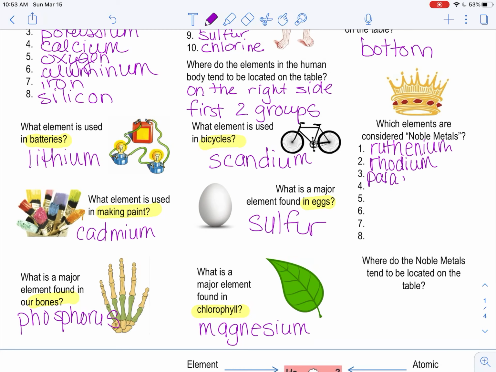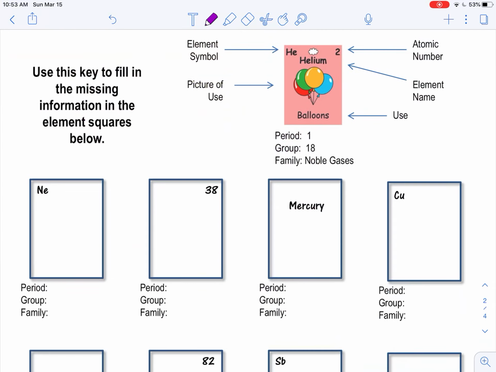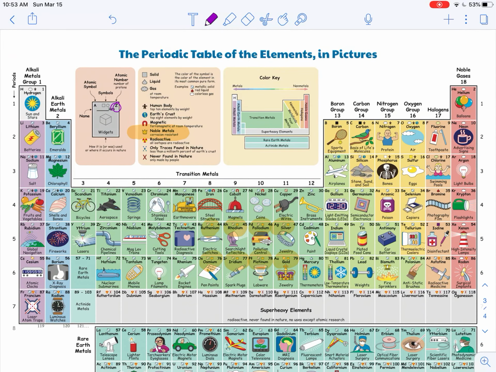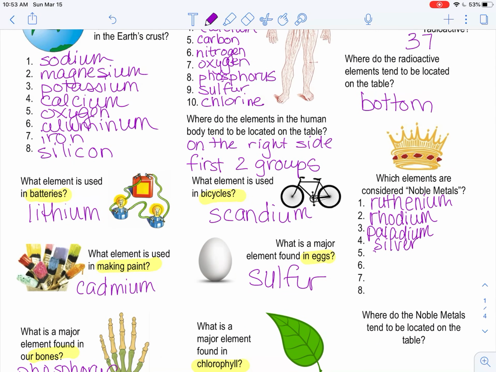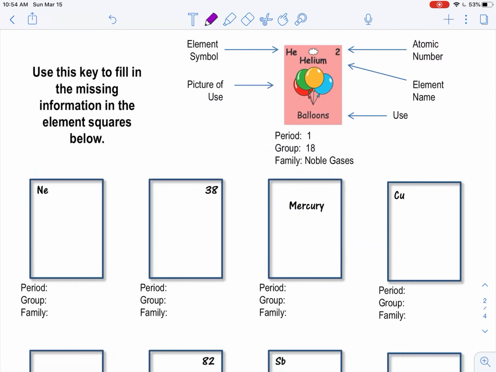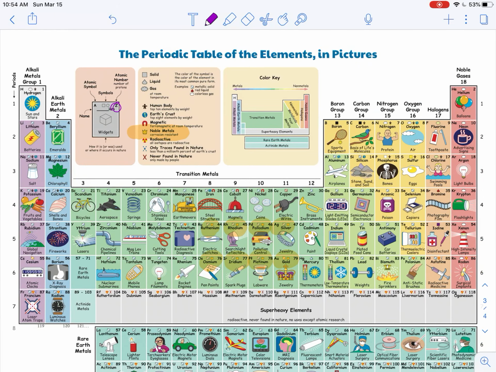There we go. Palladium and silver. Osmium and iridium. And our last two are platinum and gold.